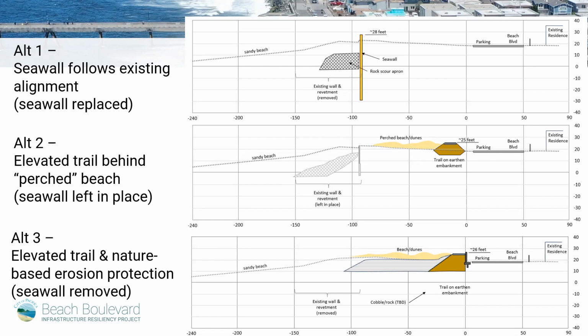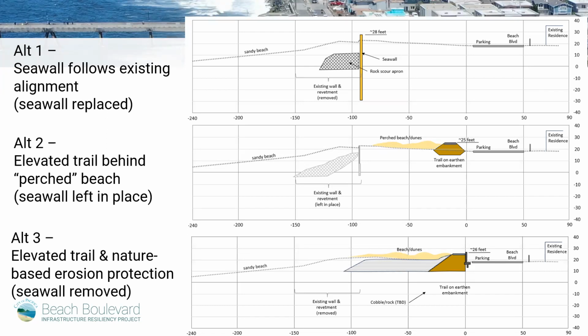The second alternative is one in which the existing seawall and rock would stay in place. And then there would be a new elevated trail built back along the parking lot on Beach Boulevard. So this would provide the elevation necessary to satisfy the wave overtopping flood protection. And then also rely on the existing structure out there for scour protection and erosion protection.